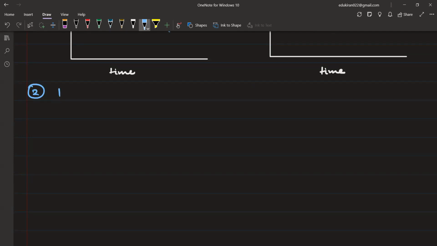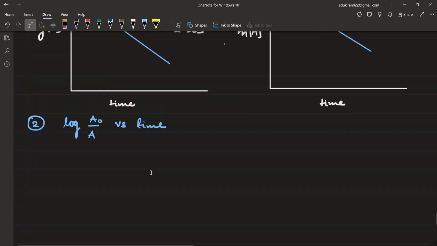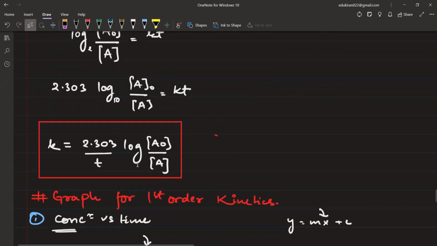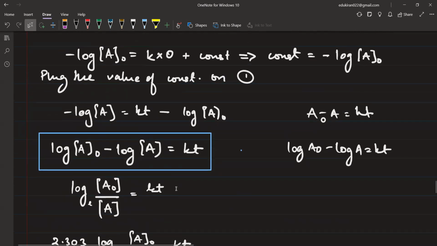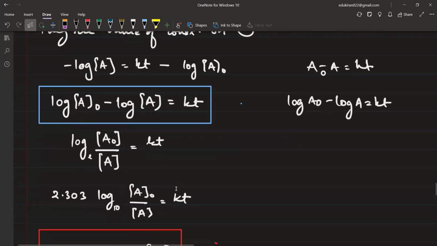Now this graph is between log of A naught upon A versus time. So in the equation we have already seen, see, this is the equation. Log A naught upon A is equal to how much? KT.